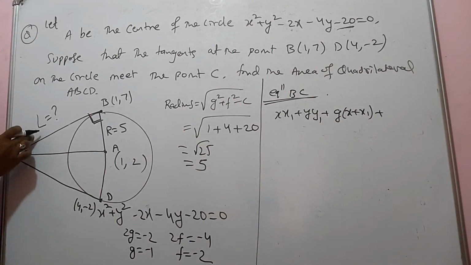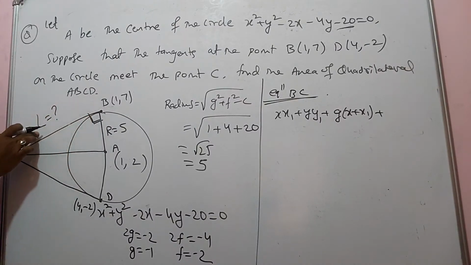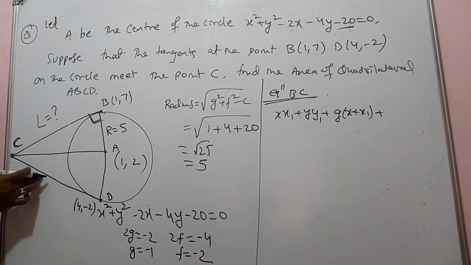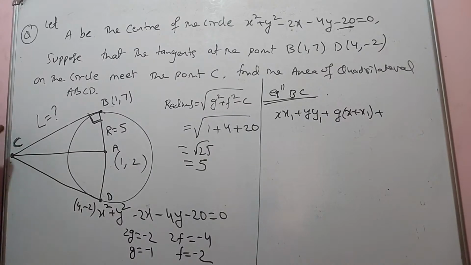Then I will solve these two equations, so you will get the C point. That is the main idea here. We find the equation of this tangent, and the intersecting point of both will be C. Then we will get L. That is what we have to do.